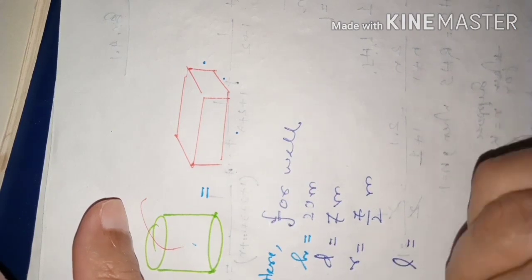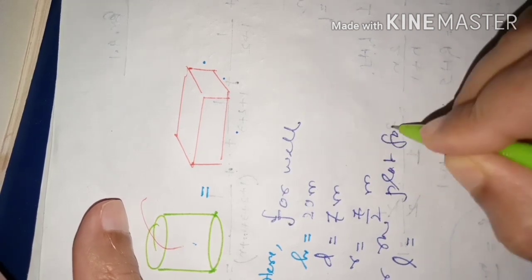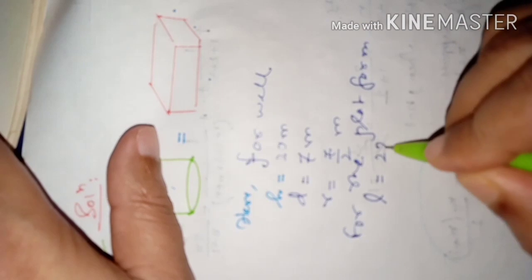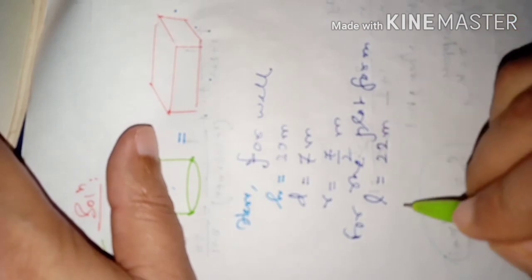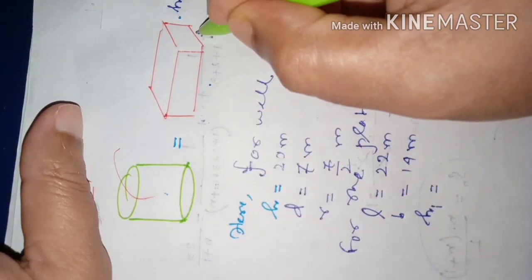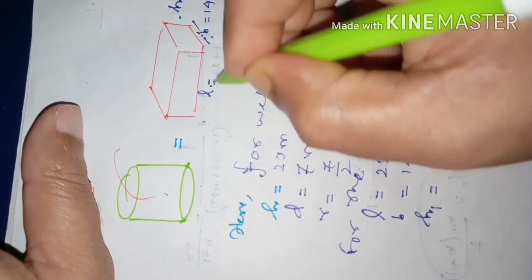Now, for the platform, this is the length of the platform. We can say L is the length of the platform. Length is given as 22 meter, and the breadth is given as 14 meter. Then we are asked what the height of the platform is. This is height h1, this breadth is 14, and this length is 22.